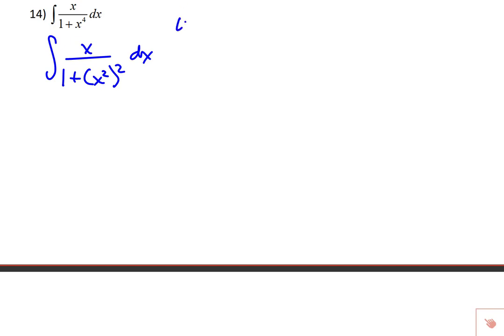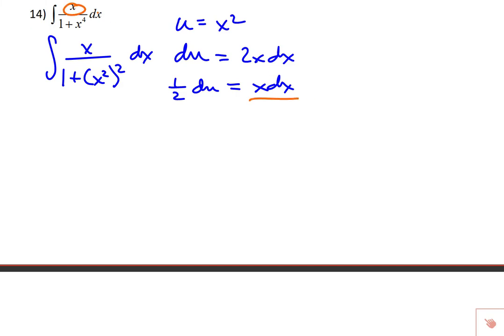But in this way, if I let u equal x squared, which is what's inside the parentheses in this rewrite, then it'll work out because du will be 2x dx, or we could say 1/2 du equals x dx. And now we have the x dx replacement we were hoping for here.